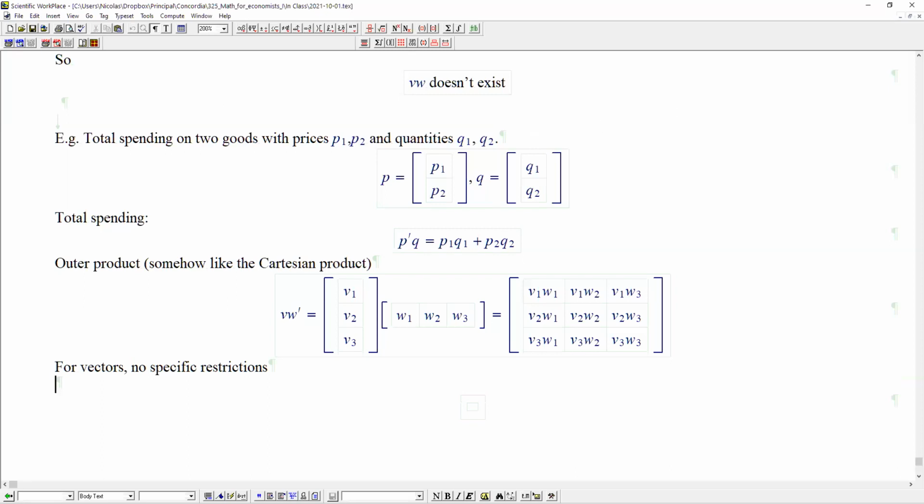So I can give you some example again. Imagine that I'm spending on one good. Before I had two different goods; here I'm just going to have one good, but the price changes with the day of the week.